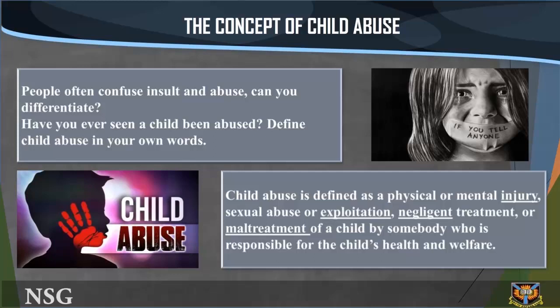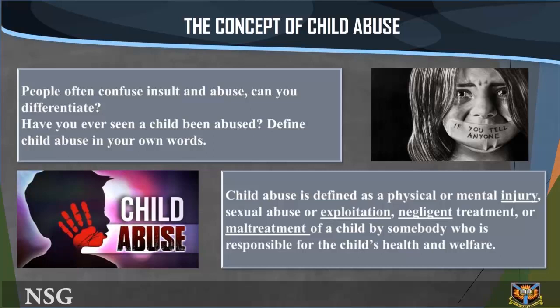In defining child abuse, note the underlying keywords. Child abuse is defined as a physical or mental injury, abuse or exploitation, negligent treatment or maltreatment of a child by somebody who is responsible for the child's health and welfare.